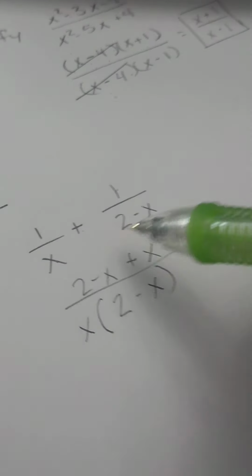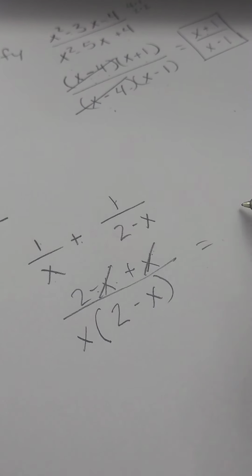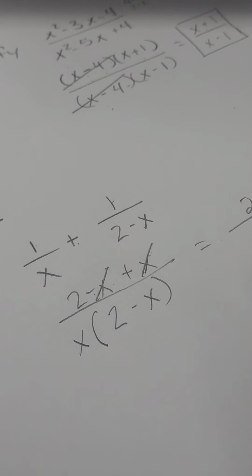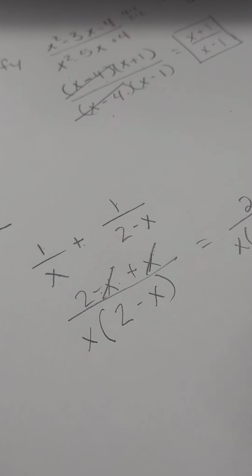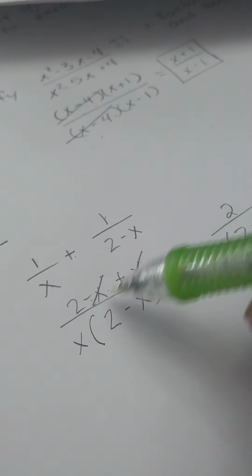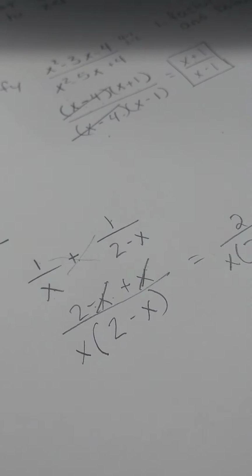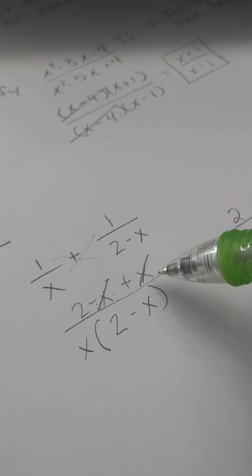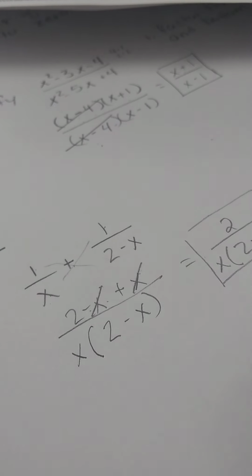Now, if you look at this, my x's cancel, negative x plus x goes away, and I'm left with just 2 on top. And on the bottom, I'm left with x times 2 minus x, okay? So after you get your common denominator, you get your new numerator by crisscross multiplying, all right? And then you cancel anything out that you can, and that's just your answer right here.